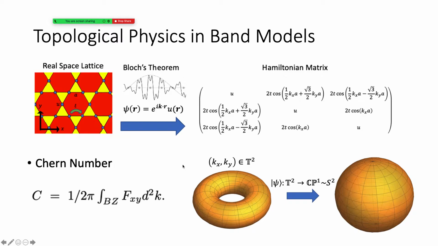So how do we calculate the Chern number for a material? We calculate it as the sum of the Berry curvature. So in essence, the Berry curvature of a material can tell us information about the topology, because if we sum up the Berry curvature, we get the topological invariant.